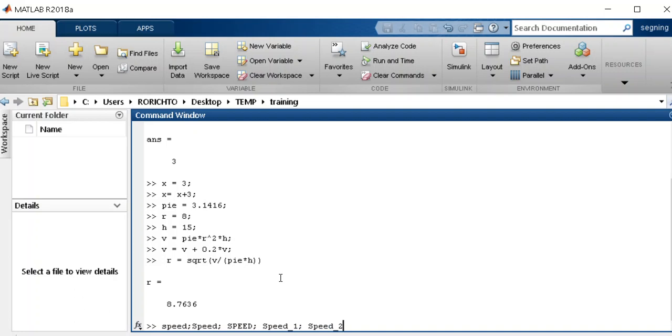All are variable names that you can assign to the name as you want.